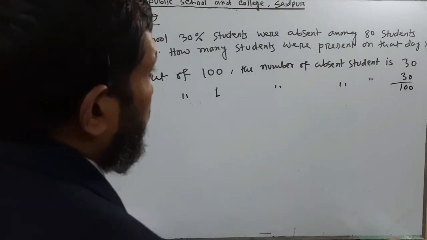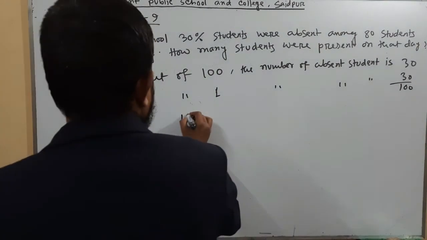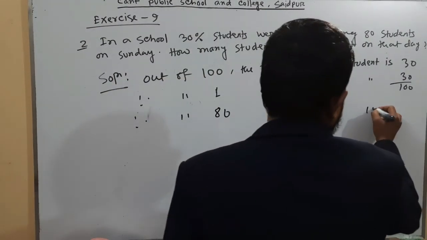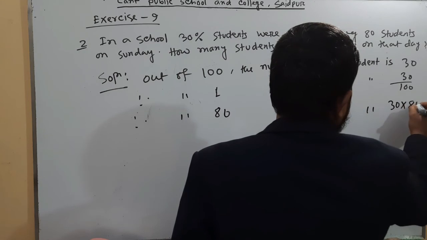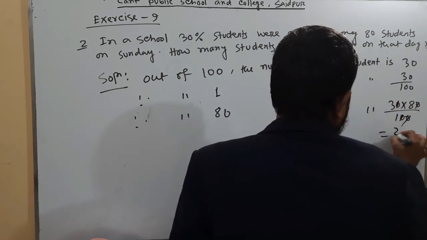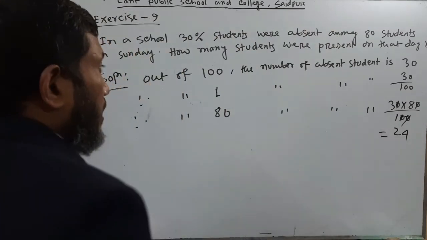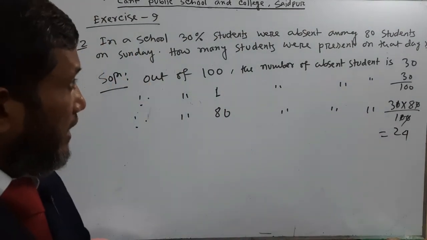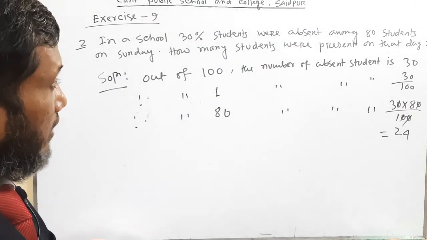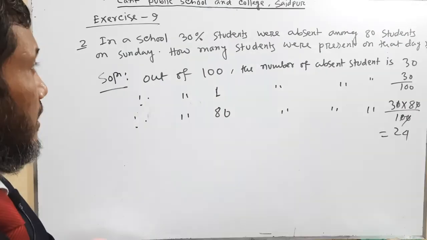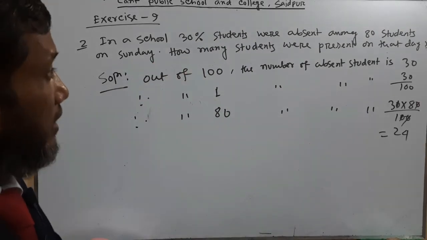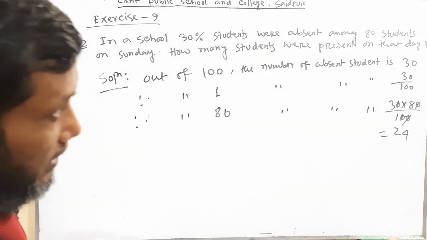The total number of students is 80. Out of 80, the number of absent students is 30 multiplied by 80 by 100. Out of total students here 80, the number of 24 students were absent on that day. So dear student, how many students were present on that day?